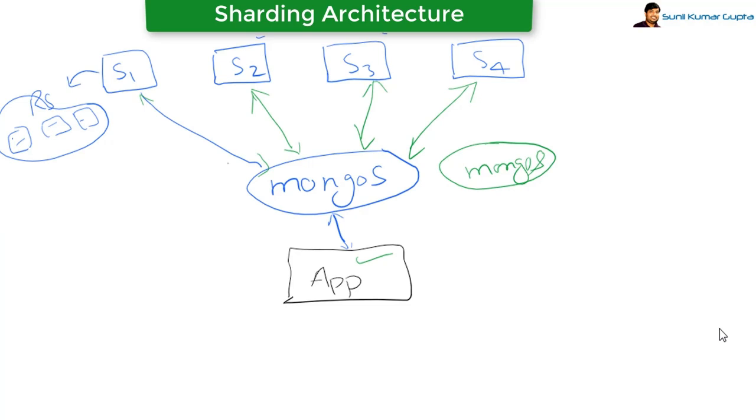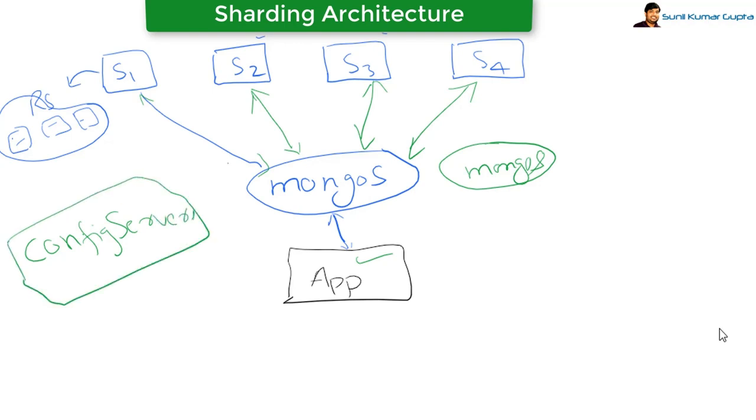And in between the apps and the MongoS, we have the config servers, right? So config servers will be somewhere here, in between these two.